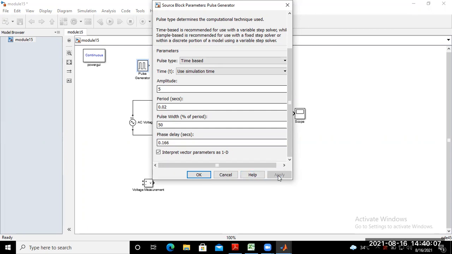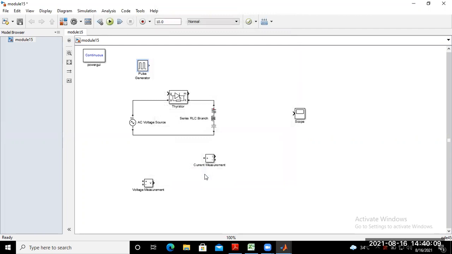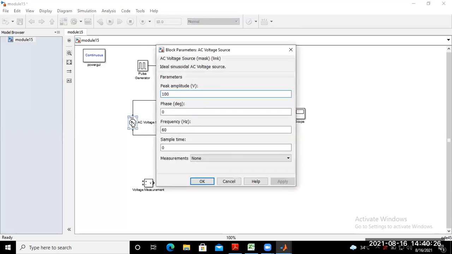Apply. Okay. So this pulse generator is connected to the thyristor here. Now we want to set the single phase AC source. You know that the peak amplitude of the single phase: 220 volt or 230 volt is your RMS value.